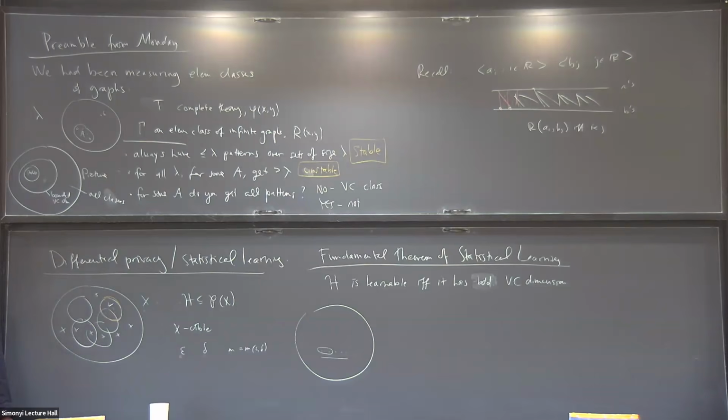But why should that empirical and actual measure get close enough at the same rate for all possible sets simultaneously? If you have finite VC dimension, something like this will be true. And so this means that you have a way of choosing, with reasonably high probability, a sample which gives you a representative picture of the sizes of all of these sets, and then you have a good way of trying to learn.